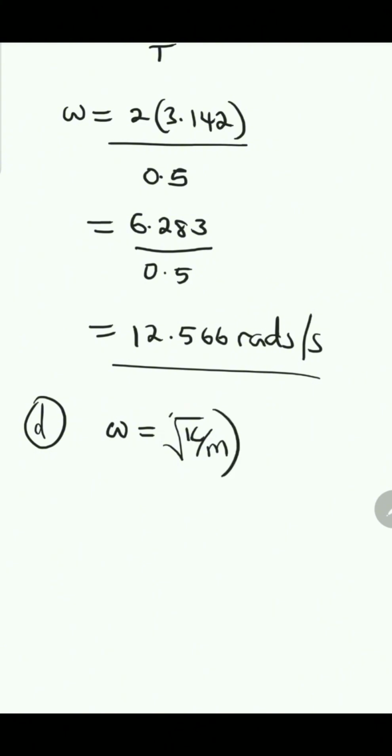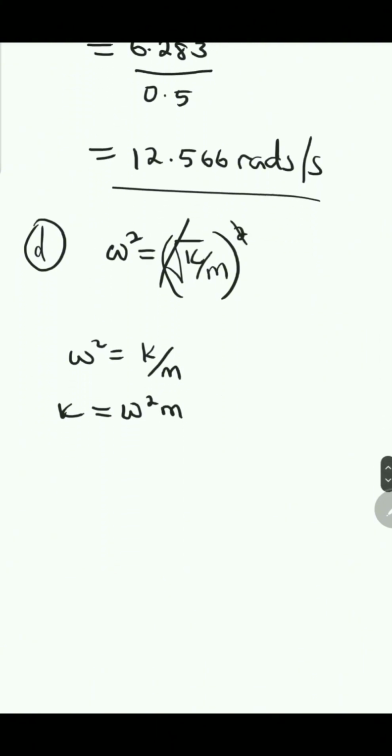We make it the subject of the formula by first getting rid of the square root by squaring both sides. The square root cancels the root, so we get angular frequency squared equals k over m. Upon making k the subject, we get k equals angular frequency squared multiplied by the mass.